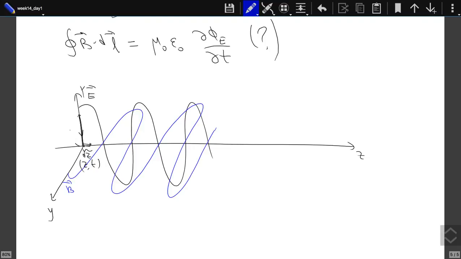Now, since the electric field is pointing in the vertical direction, let us just choose this loop, this horizontal loop over here. Now, the electric field is pointing upward.